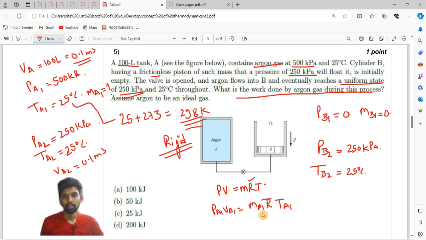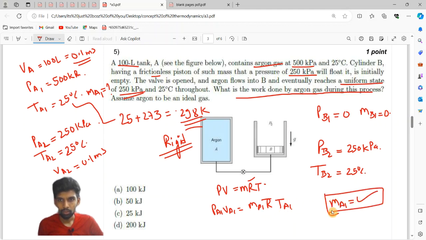Then substituting values here, you will get the value of MA1, which is the mass in this tank initially. Finally, at state 2, there will be some mass in tank A and some mass in tank B. P is given, T is given, V is given, R is known, so we can calculate MA2.